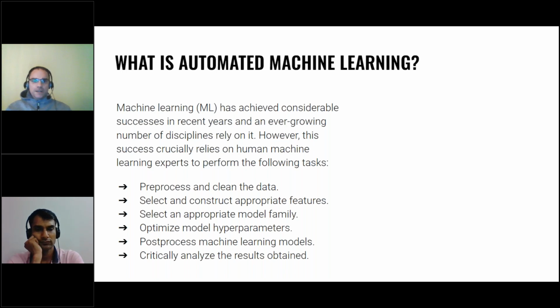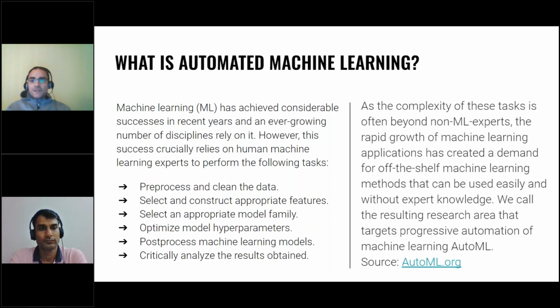Machine learning has achieved considerable success in recent years, and an ever-growing number of disciplines rely on it. However, its success crucially relies on human machine learning experts to perform the following tasks, such as, for example, process and clean data, select and construct appropriate features, select an appropriate model family, optimize model hyperparameters, post-process machine learning models, critically analyze the results obtained, and there's probably a lot more.